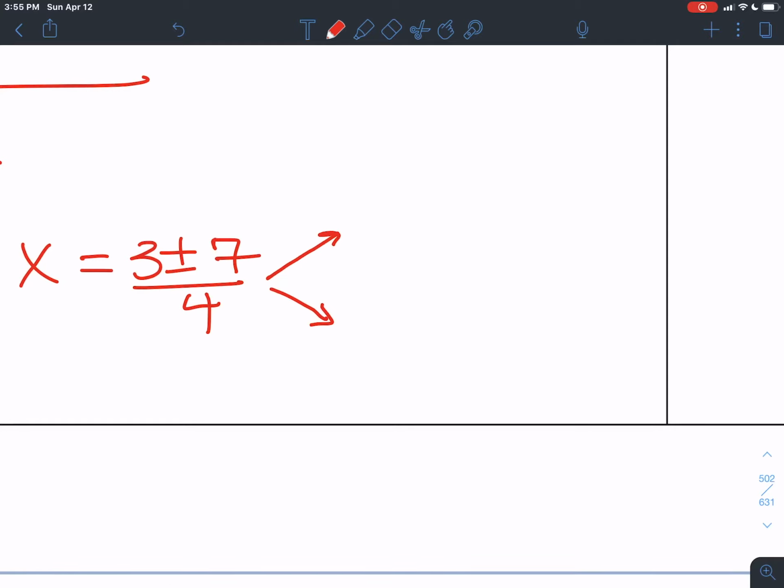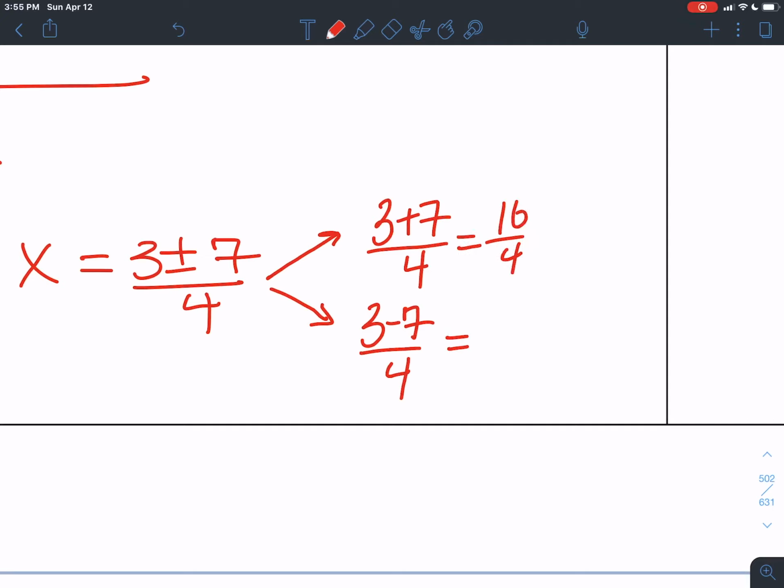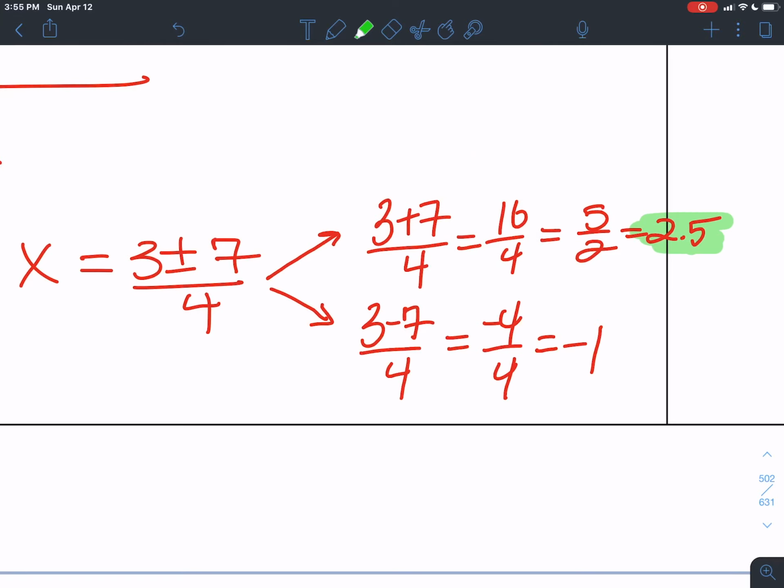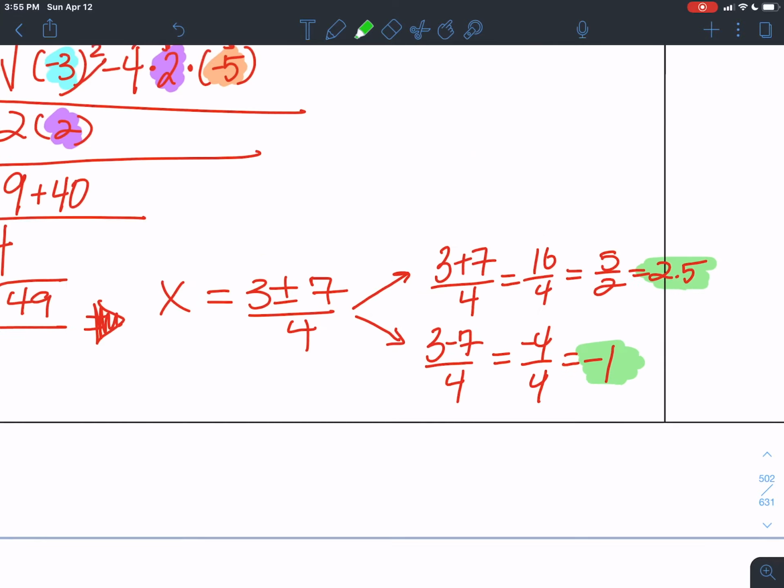One is going to be adding, one is going to be subtracting. So I should have x-intercepts located at positive 2.5, negative 1.